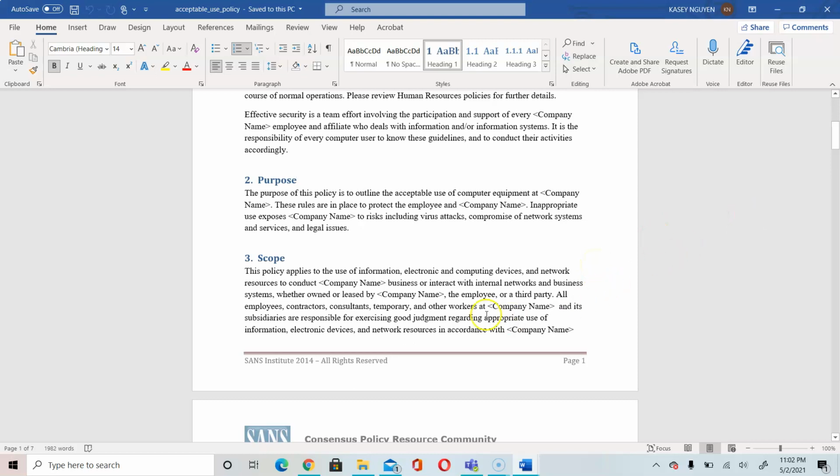The scope would apply to electronic devices, computing devices, network resources, network appliances, and so on. So you would edit the field information and make some adjustments in the scope as necessary.